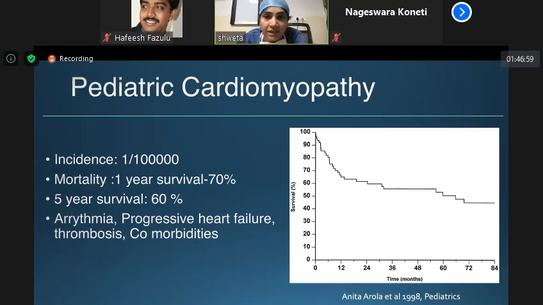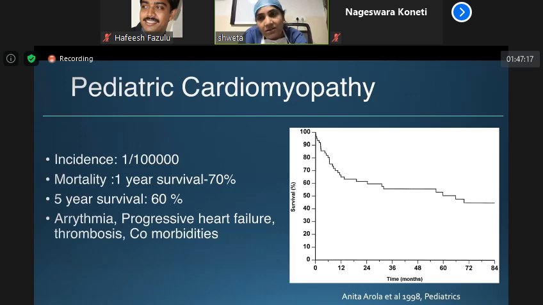So the mortality is quite high in this situation, and the reasons are basically arrhythmias, heart failure, thrombosis, comorbidities, renal dysfunction, and if it is associated with syndromes, then that may contribute to morbidity and mortality.